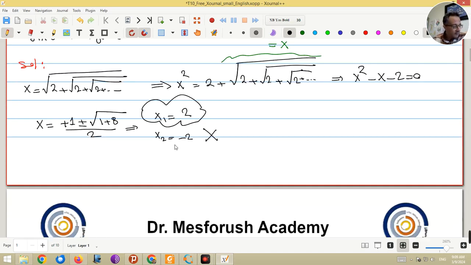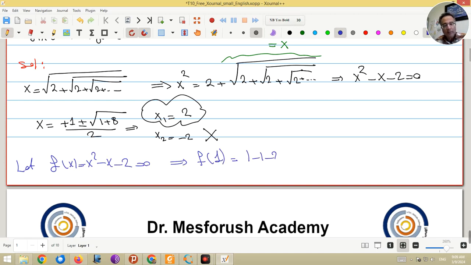To this end, we have to find a function g of x based on this equation. Call this equation f of x. Let f of x equal x squared minus x minus 2 equal to 0. So, if we compute f of 1, it will be 1 minus 1 minus 2.